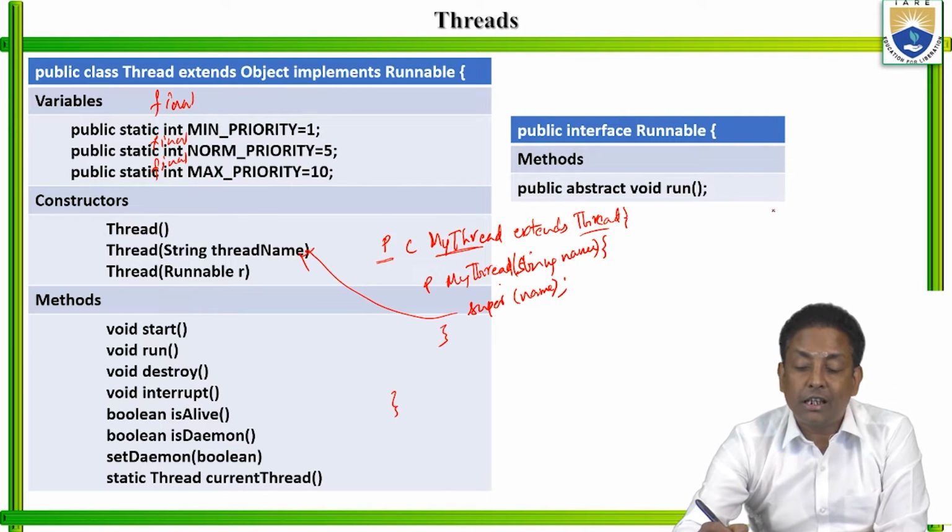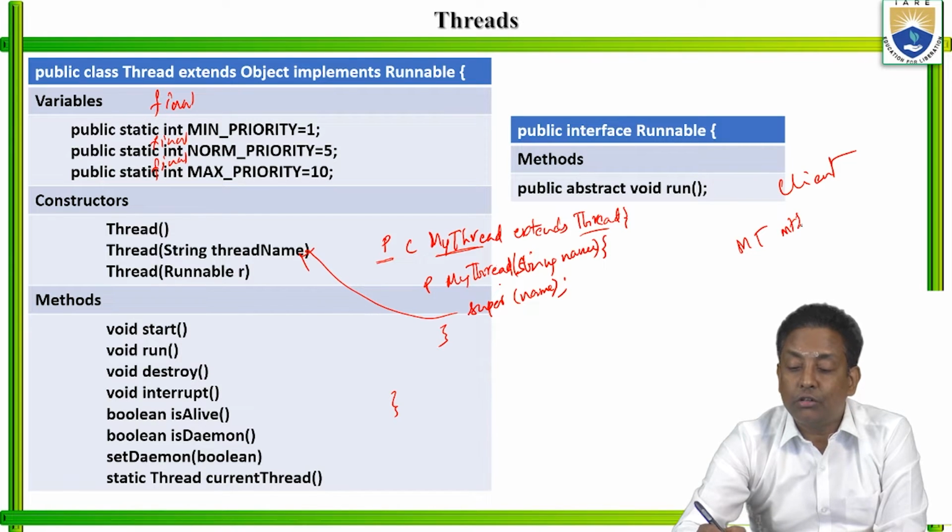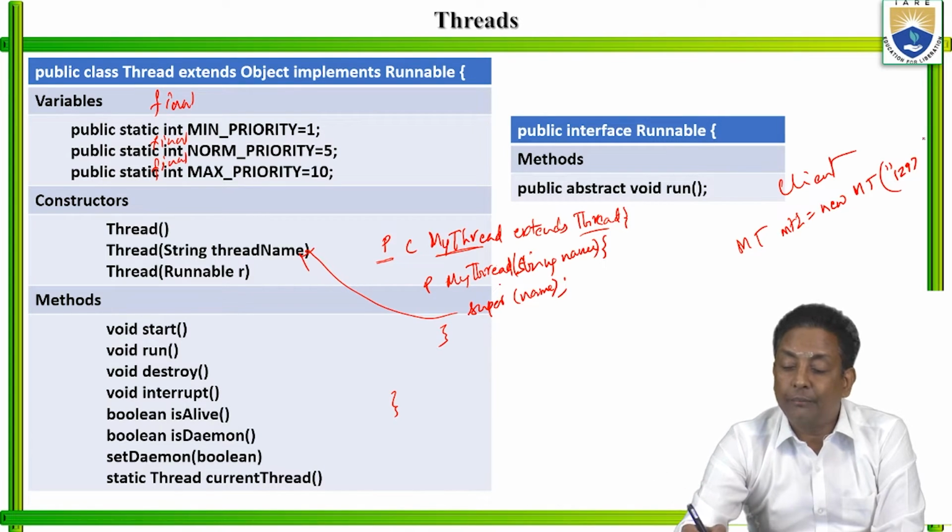So where is this name assigned? In the client program, whoever is creating my thread, MT1 is equal to new MyThread of student number, some number, say 1297, that roll number, that student progress card.